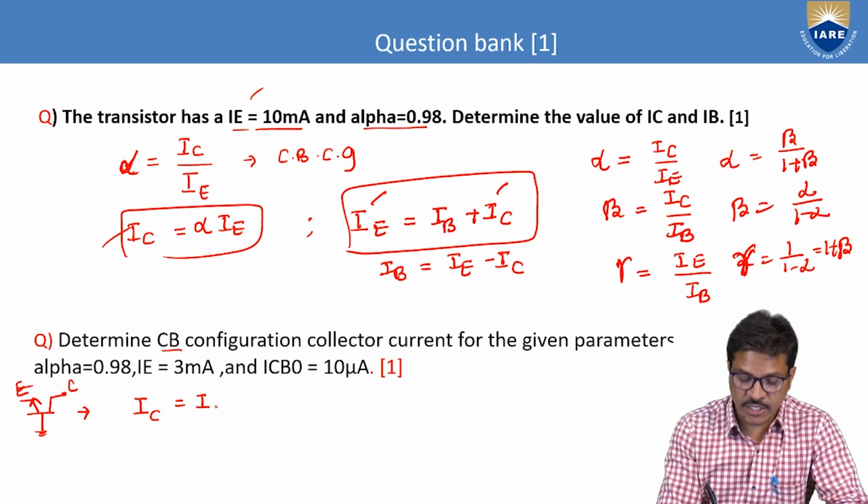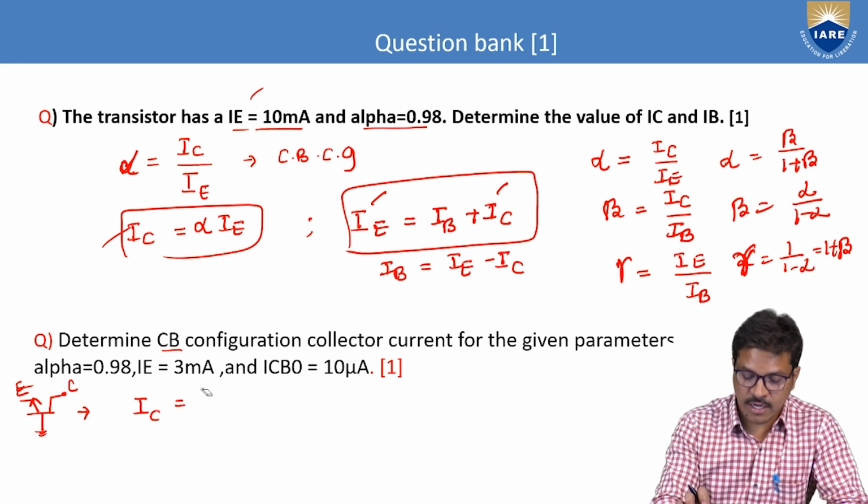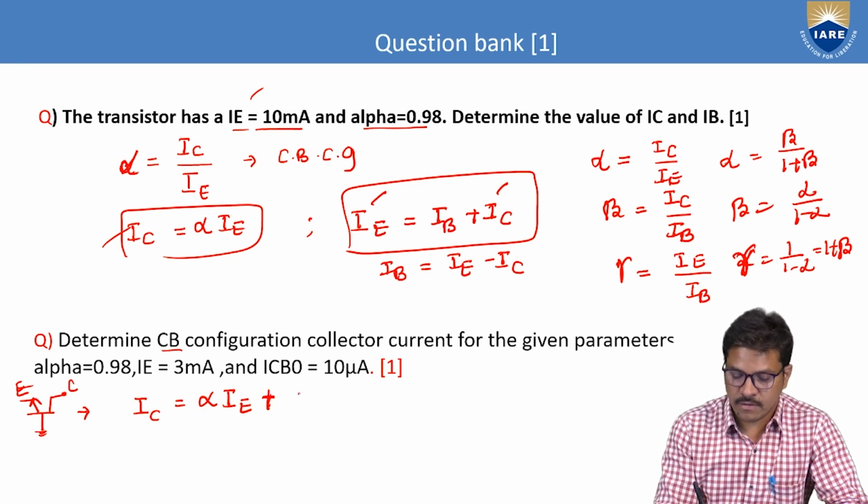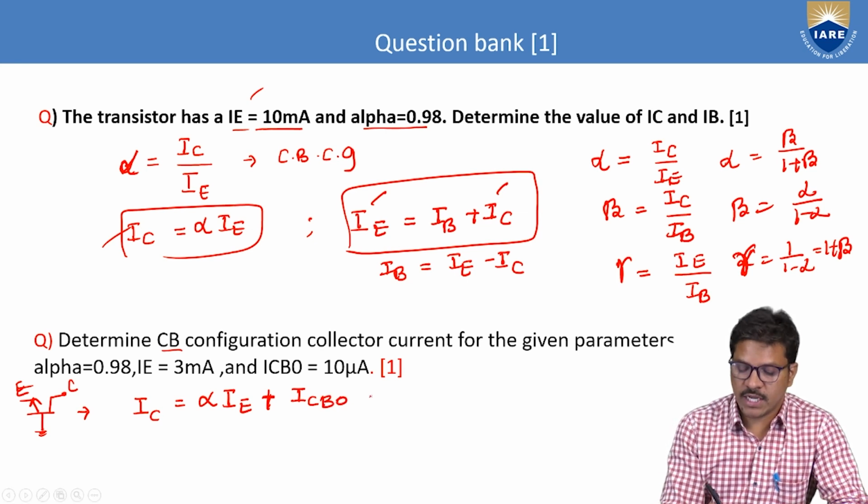The majority current in common base is alpha IE, plus ICBO. This is the collector current.